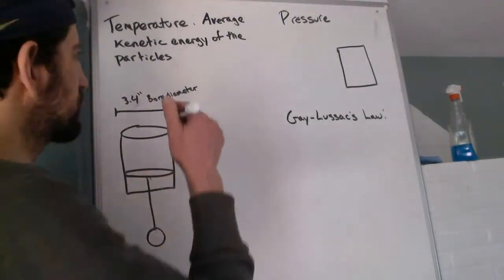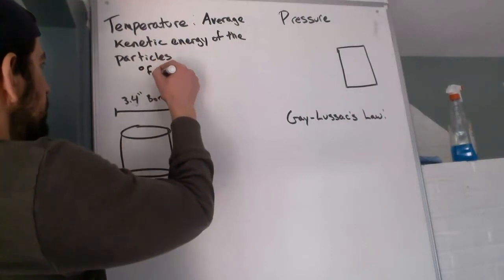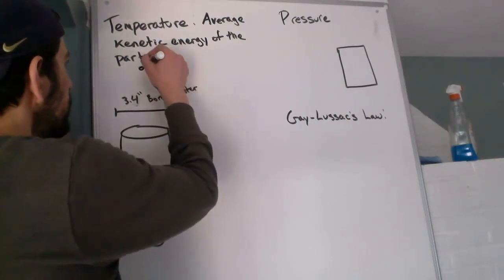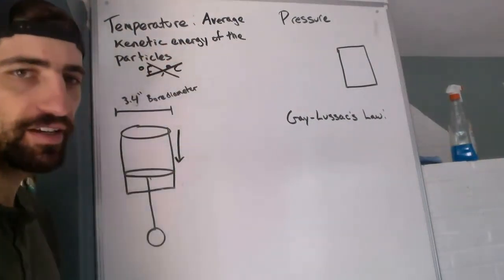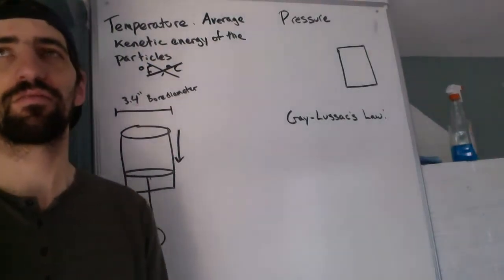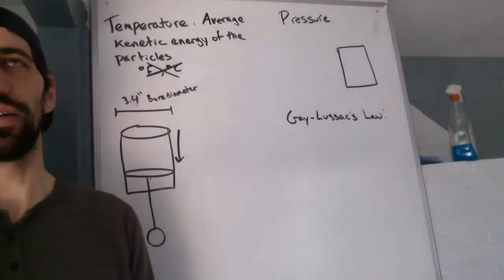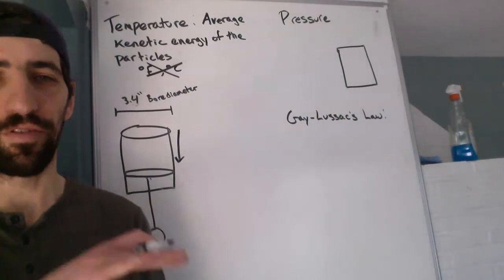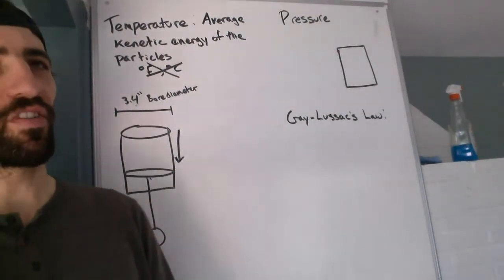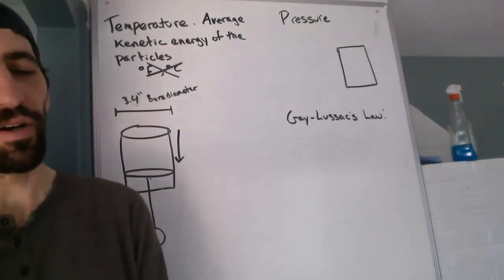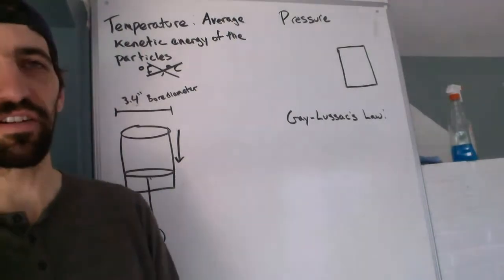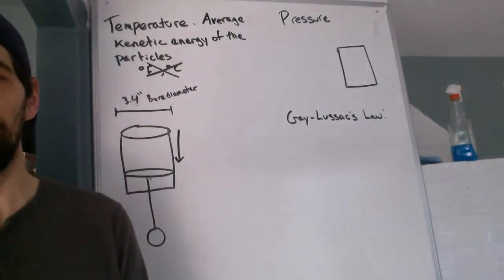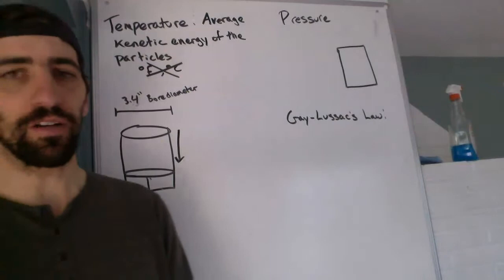The units we use, of course, you're familiar with are degrees Fahrenheit and degrees Celsius, but both of those don't actually work when we're talking about gases, because we want zero to be when the molecules are not moving at all. 0 degrees Fahrenheit doesn't mean anything. 0 degrees Celsius is when water freezes, but the particles are still moving.